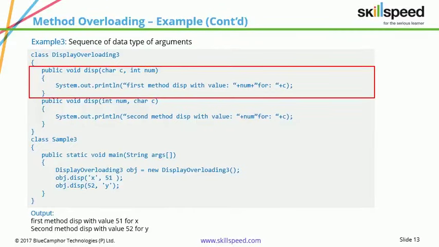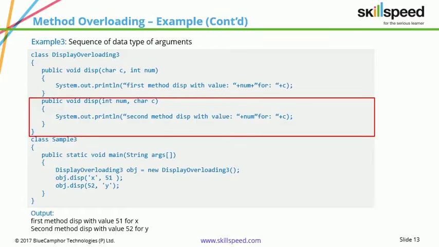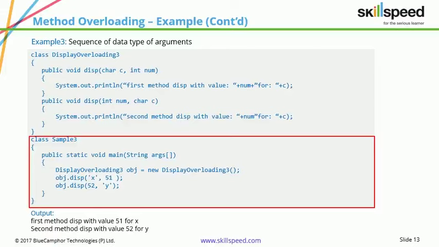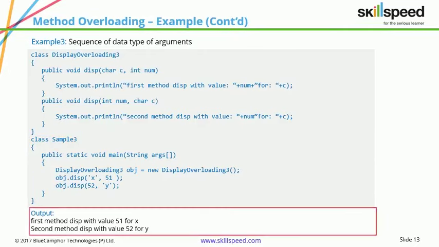Public void display, where I am taking two parameters, character C and integer num, and printing those two values using System.out.println: first method display with value num for C. And public void display with int num and character C as two parameters, printing those two values using System.out.println: second method display with value num for C. Here we have class Sample3, where I have my public static void main, DisplayOverloading3 obj = new DisplayOverloading3, and I am calling the two methods, obj.display('x', 51) and obj.display(52, 'y').